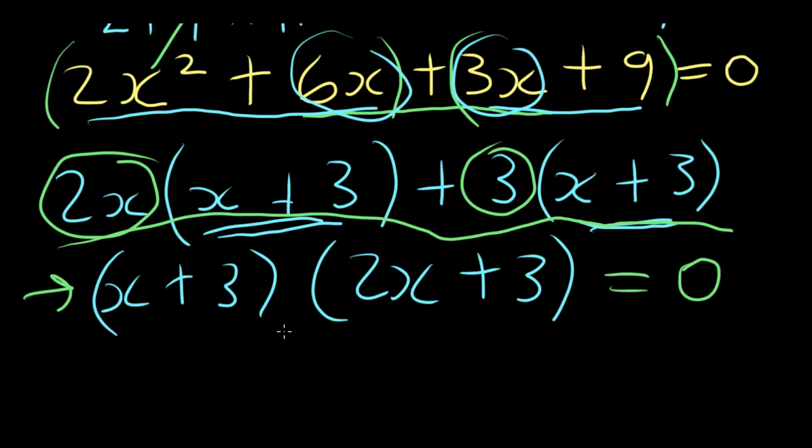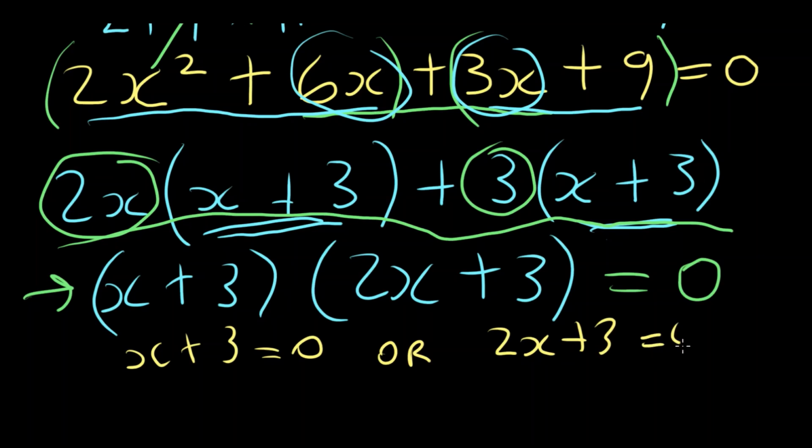You can go ahead and check that. So for example, I'll just do it quickly: 2x times x, so 2x squared plus 6x plus 3x plus 9. So that'll give us 2x squared plus 9x plus 9. And then we can go ahead and solve that, just for completeness. So x plus 3 equals 0, or 2x plus 3 equals 0.